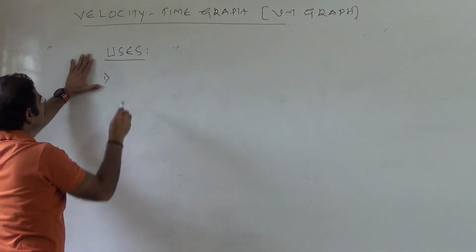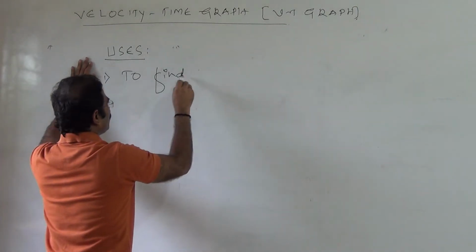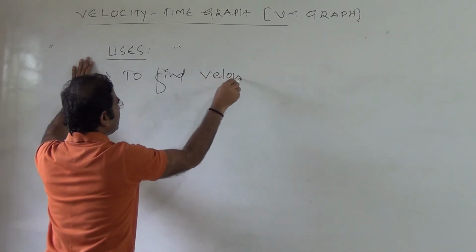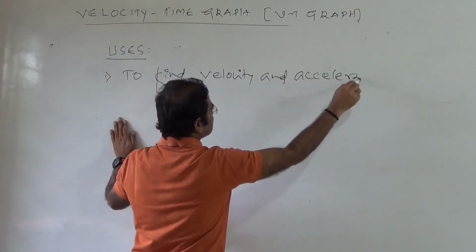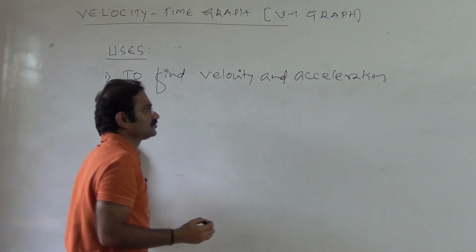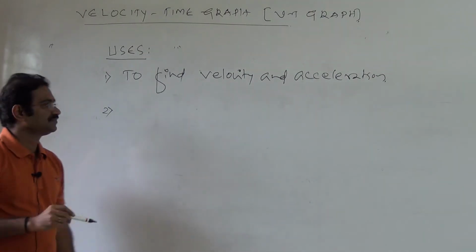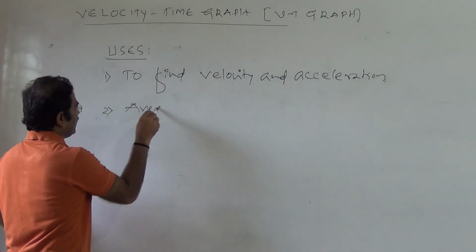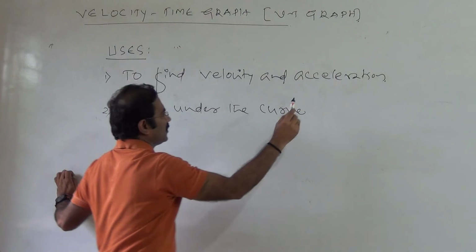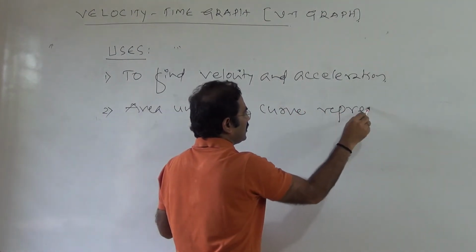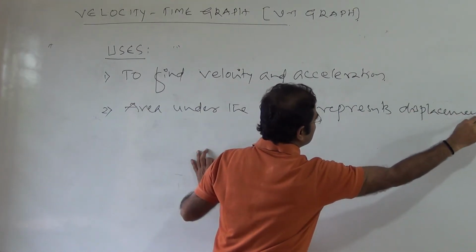First one is to find velocity and acceleration. Second one, area under the curve represents displacement.